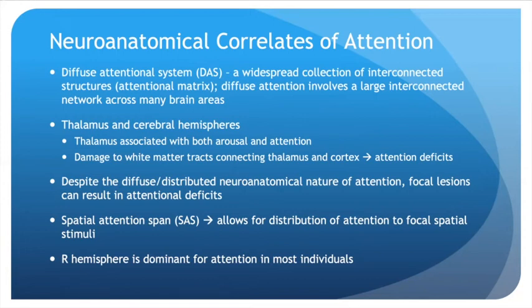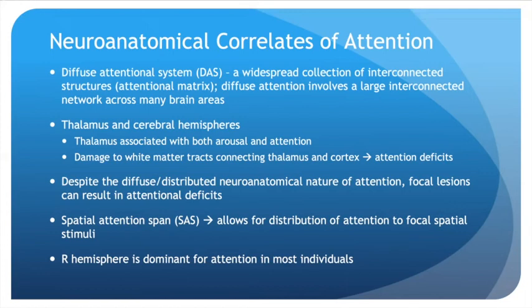The thalamus is associated with both arousal and attention. Damage to white matter tracts connecting the thalamus and the cortex tend to yield attentional deficits, among other neurobehavioral disturbances. Despite the diffuse distributed neuroanatomical nature of attention, focal lesions can result in attentional deficits.